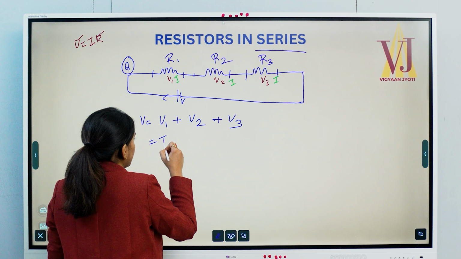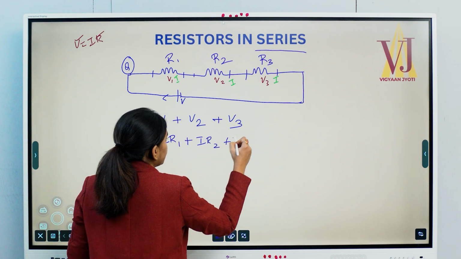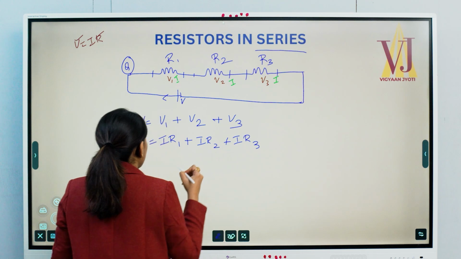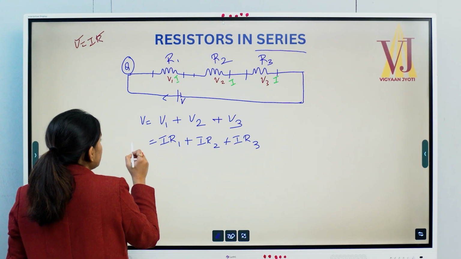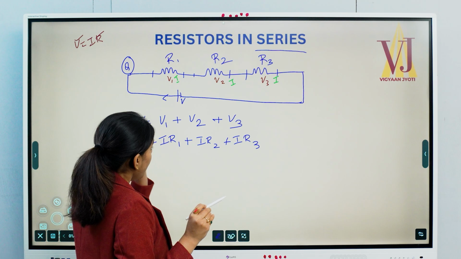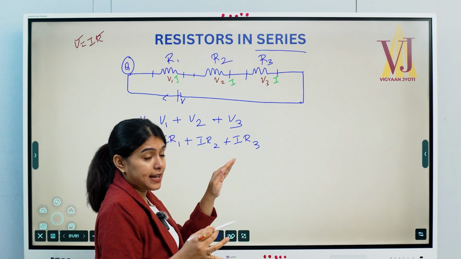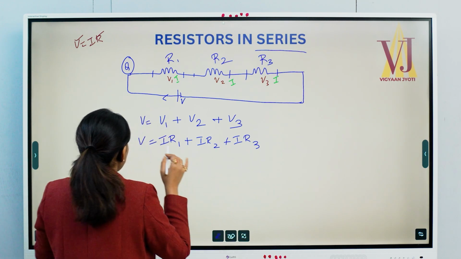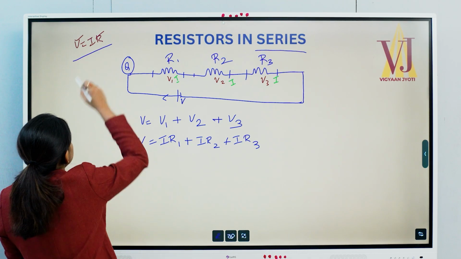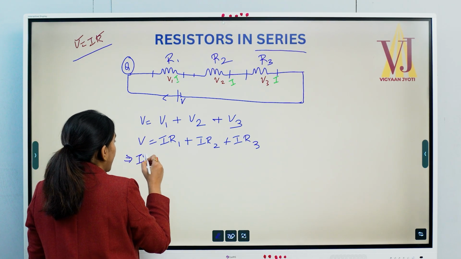Now I can substitute it with IR1, IR2 and IR3. How did I do this? Because we know that R is changing, but I is kept constant, meaning I is the same. From Ohm's law we got that V equals IR. Now I can substitute this V saying I R_EQ.